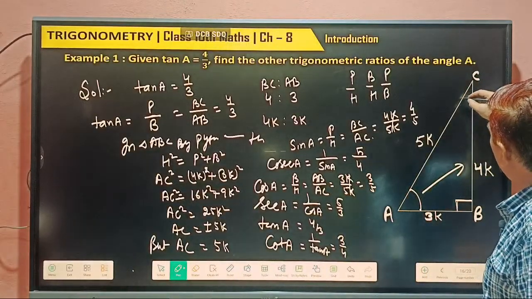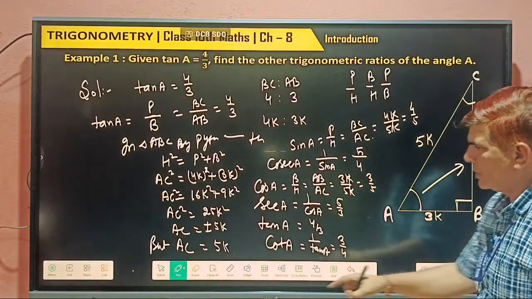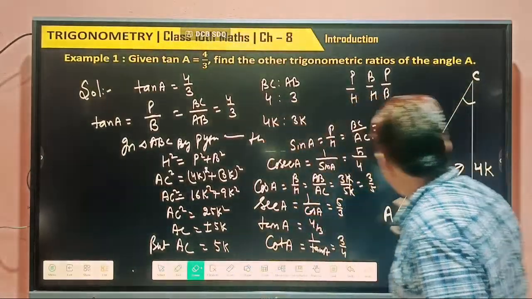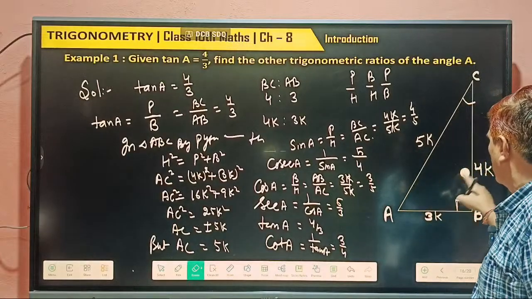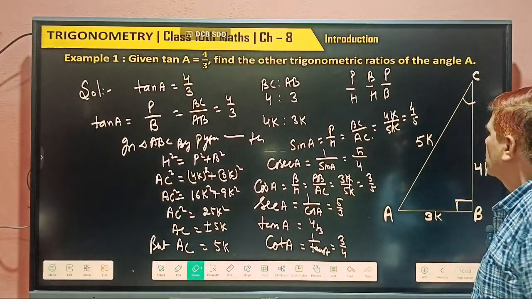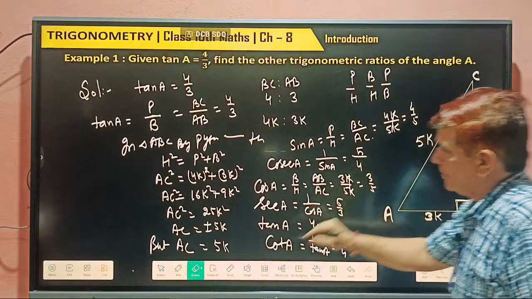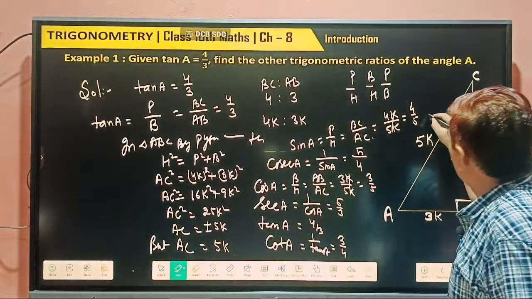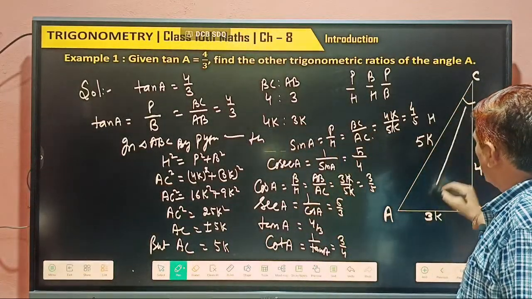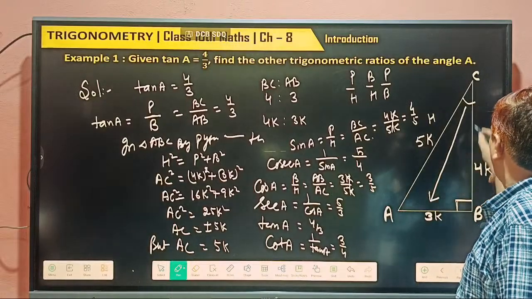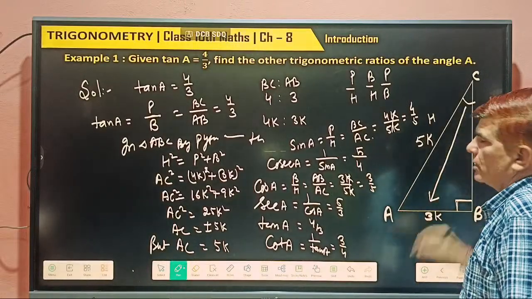And this question will be given like this also: this angle is given and this one is not given. Then the positions change. The hypotenuse remains the same, and this side becomes the perpendicular, and this one becomes the base.